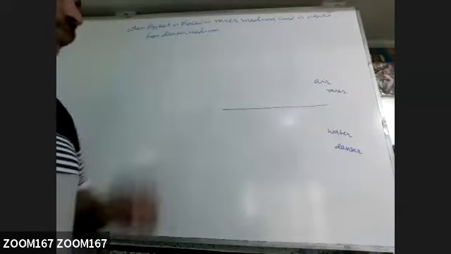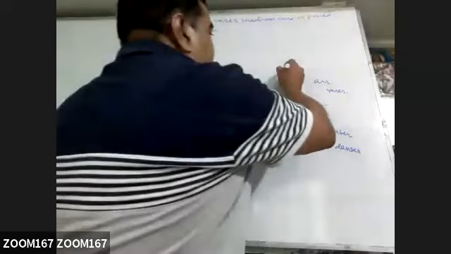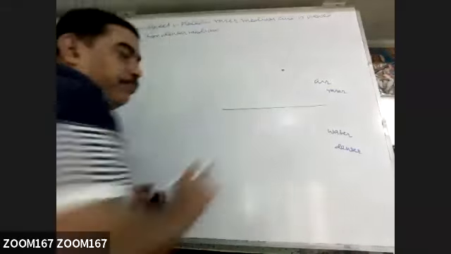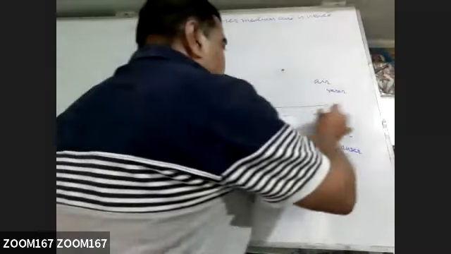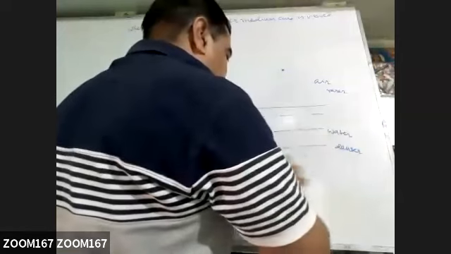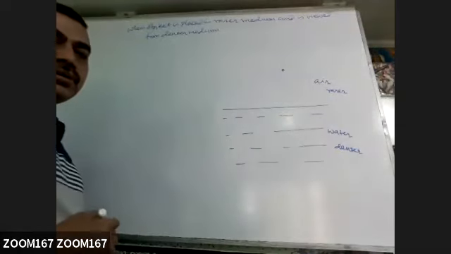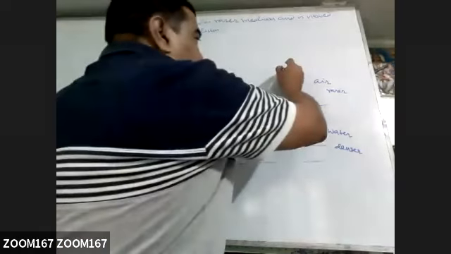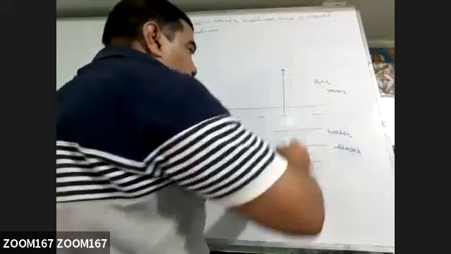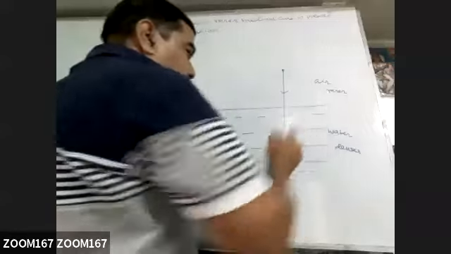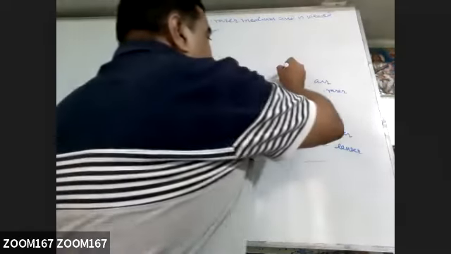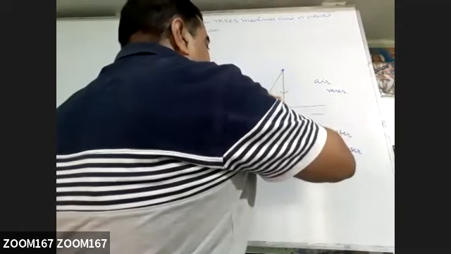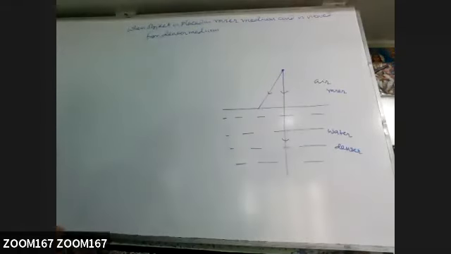Similarly here, if a bird or a fly is somewhere here and is viewed by the fish inside water, where will it appear? How will you draw the ray diagram? One ray we will take, which is coming normally like this. It will go undeviated. The other ray, what will happen to this?